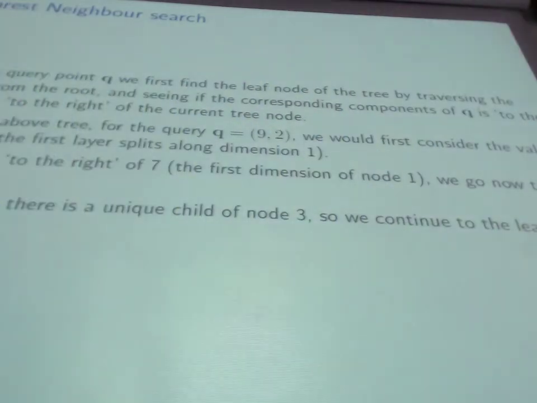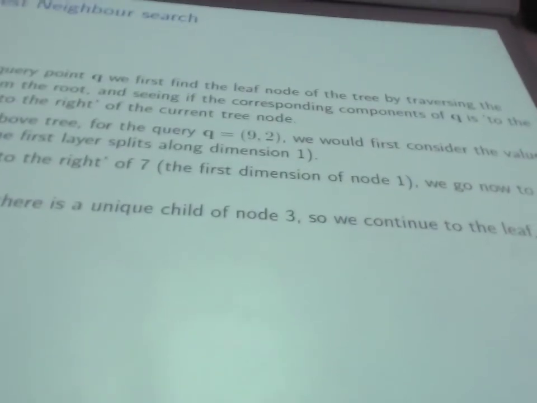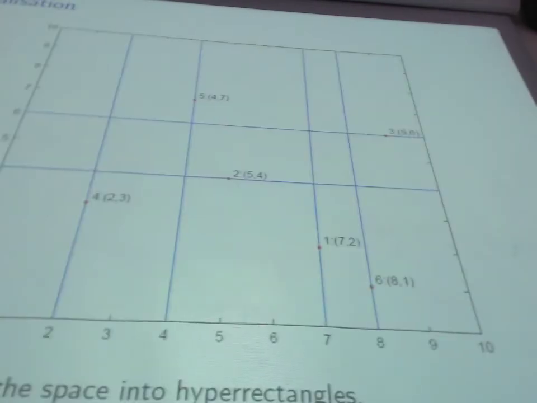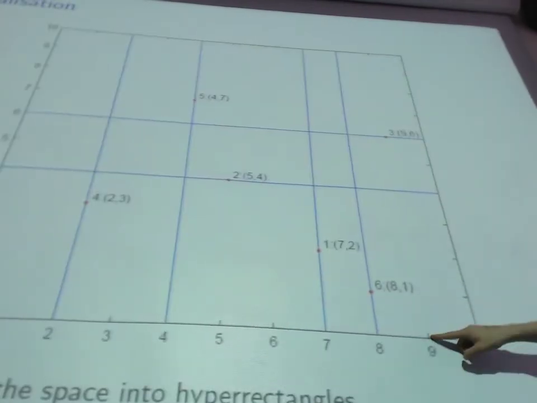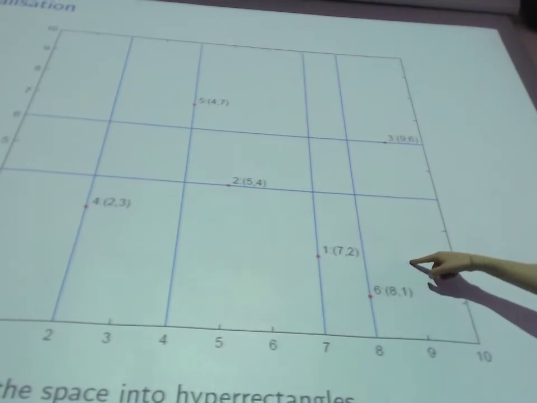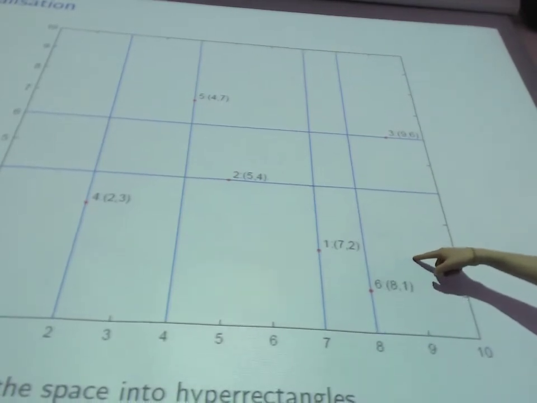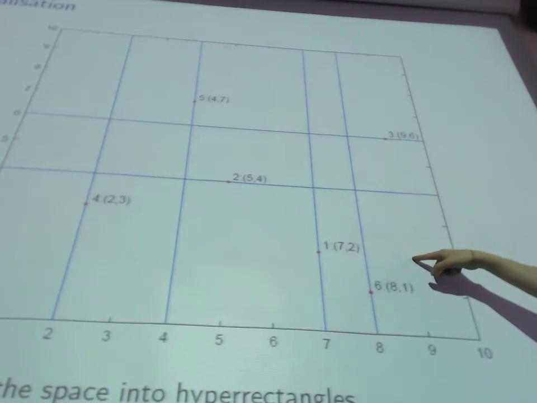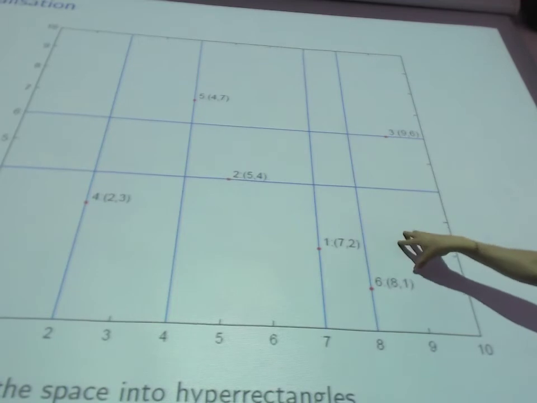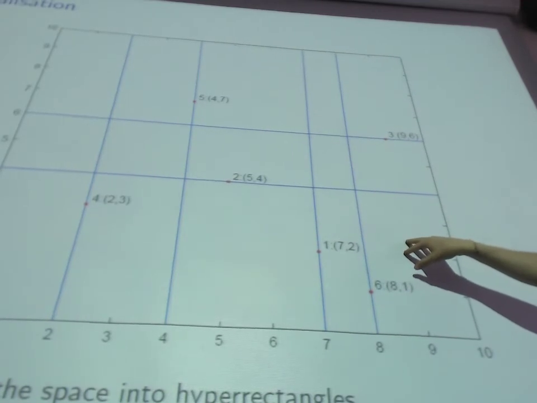You come along with a point. Let's say your query point is 9, 2. So it's here. The first thing we're going to do is rattle down through this KD tree to essentially this hyperrectangle.